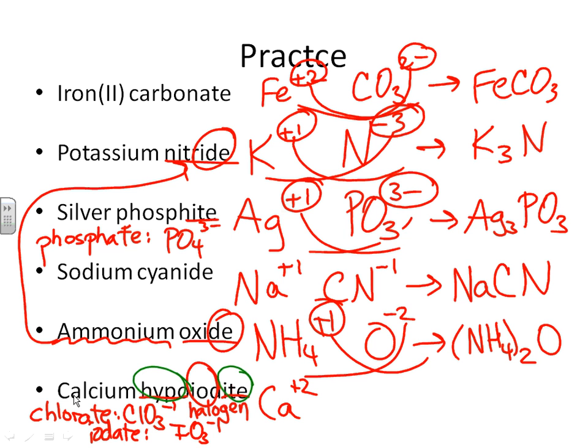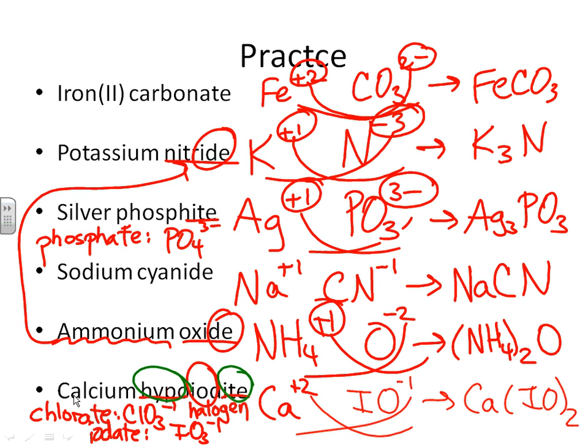So it's actually going to be IO with a charge of -1. Charge stays the same. Charge does not change in this ate, ite, hypoite, per-ate series. So these are our 2 ions, calcium +2, hypoiodite -1, balance the charges, we get Ca(IO)2.